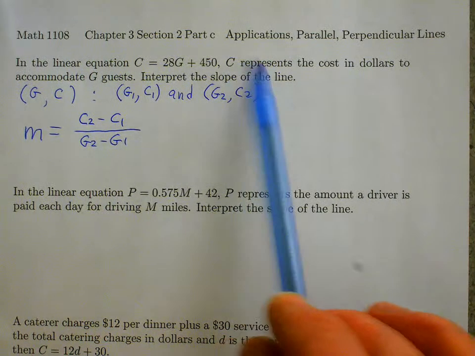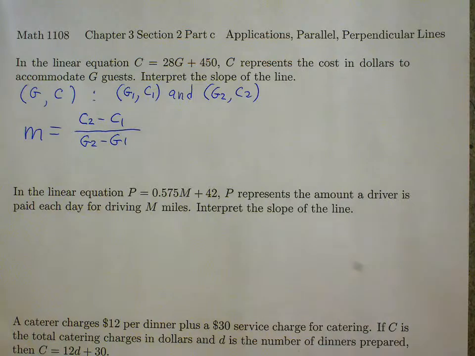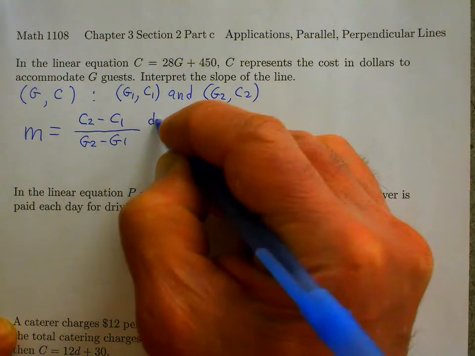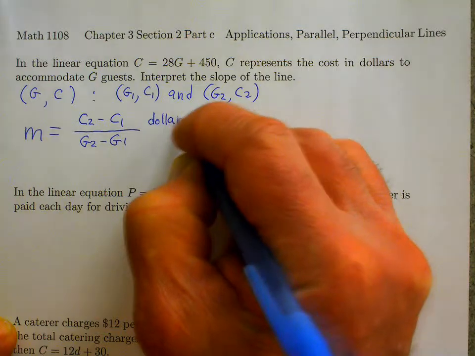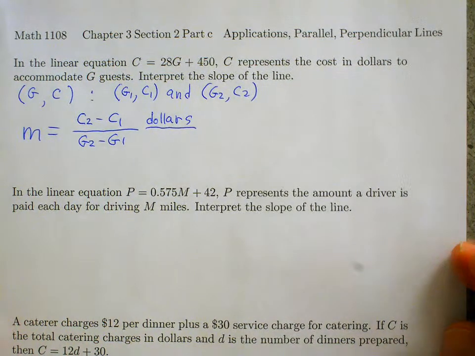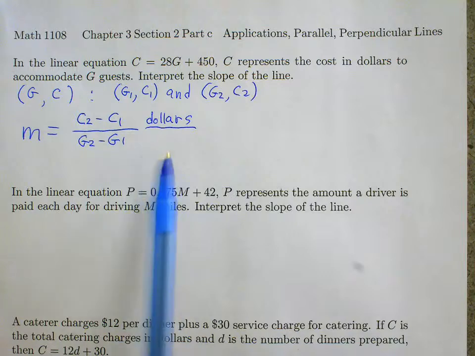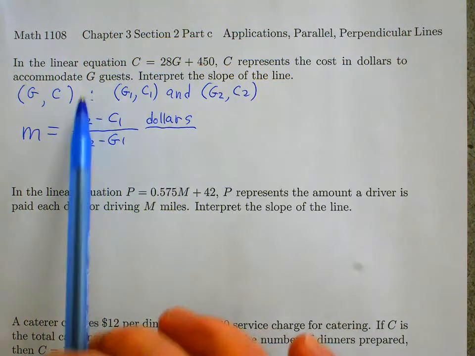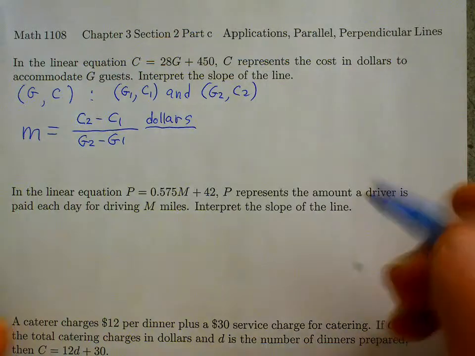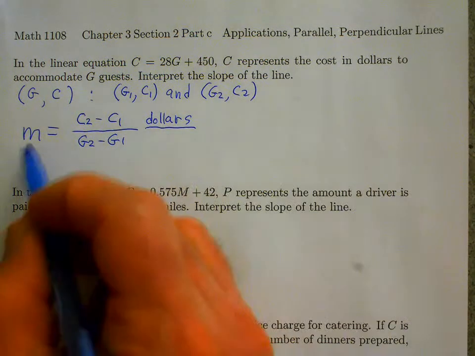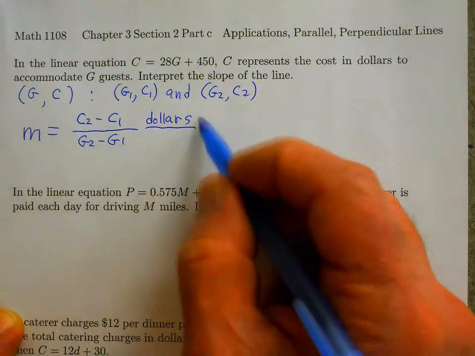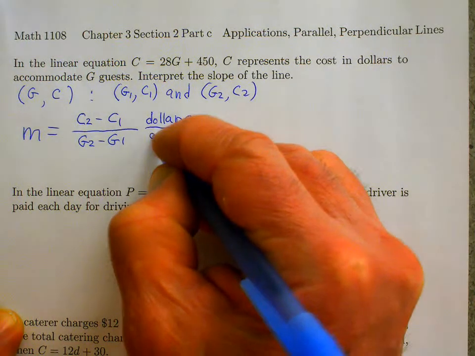Capital C represents the cost in dollars. So the unit for the numerator is dollars. And what's the unit for G? Yeah, G is the number of guests.